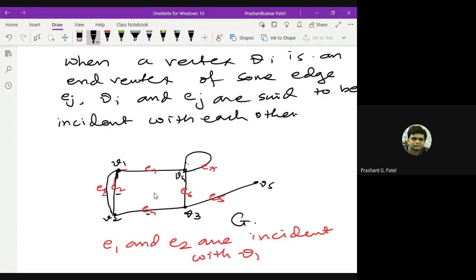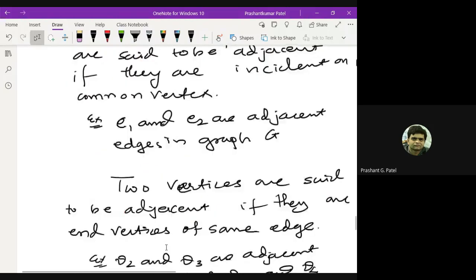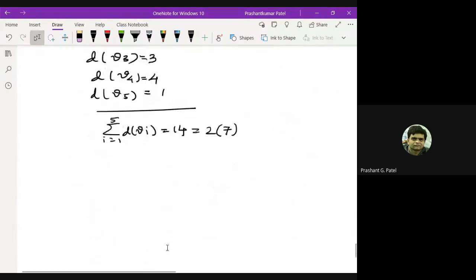So that's why we can write one theorem which is true for any graph.